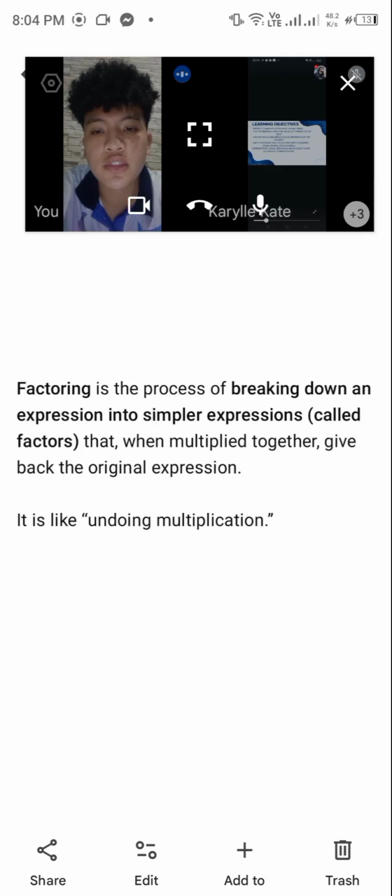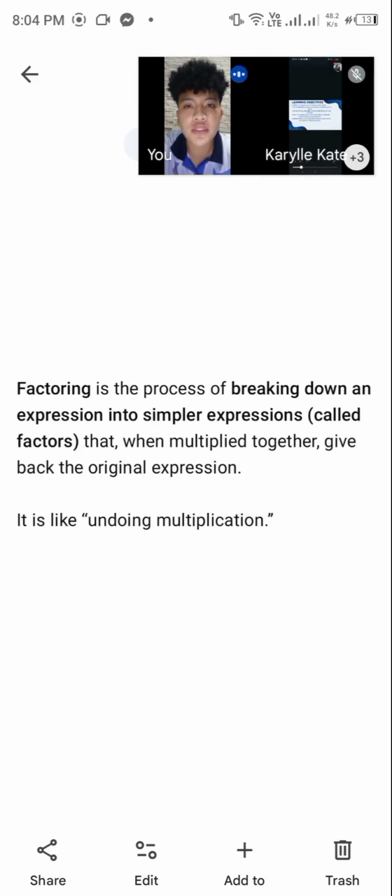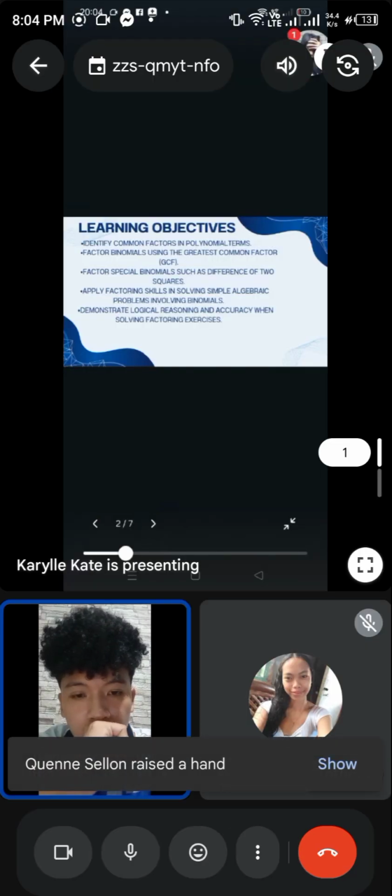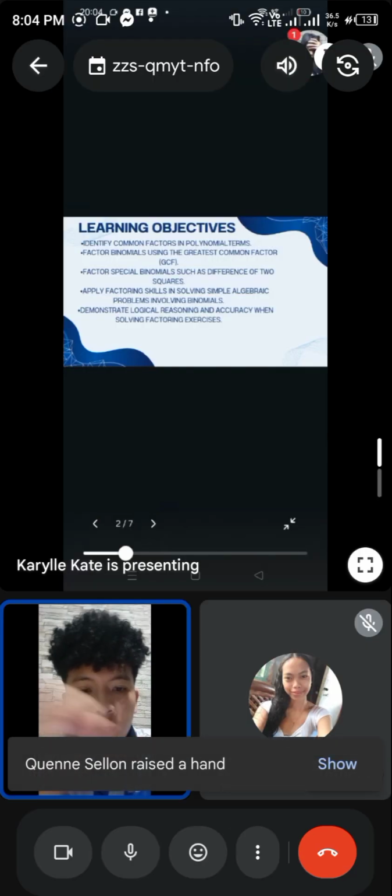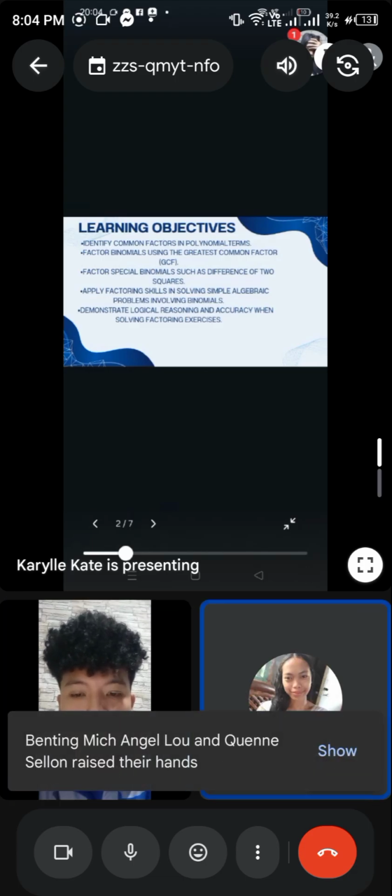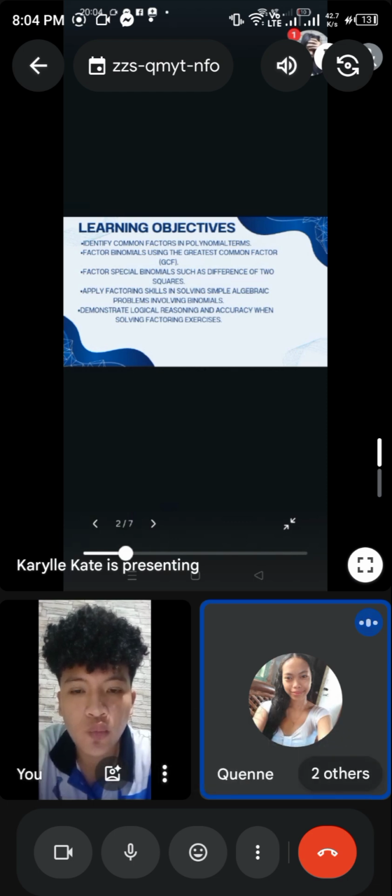Can someone read our learning objectives for this subject? Okay, Miss Leon. Learning objective. First, identify common factors in polynomial terms. Factor binomial using the greatest common factor or GCF.